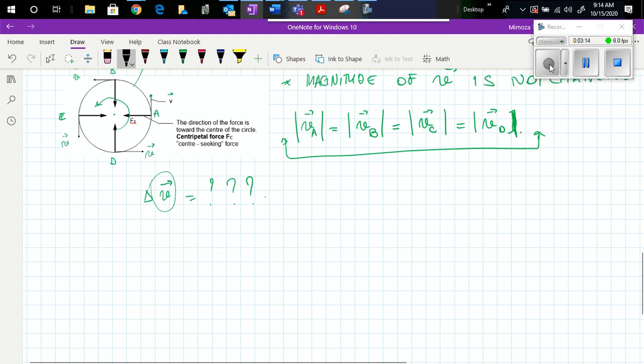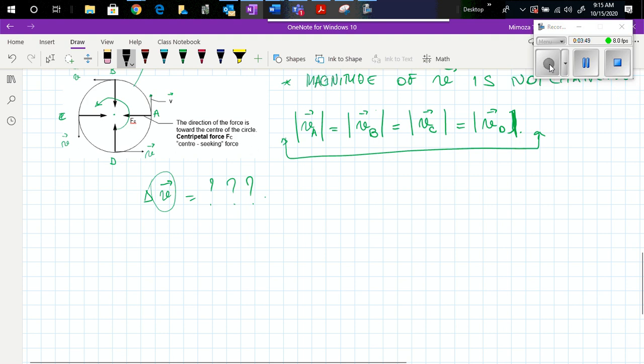The change of the velocity will occur because the direction of the velocity is changing constantly. So the magnitude, which very often we call speed, is not changing, but since the direction is changing continuously as the object is moving in the circle, the change of the velocity will appear.